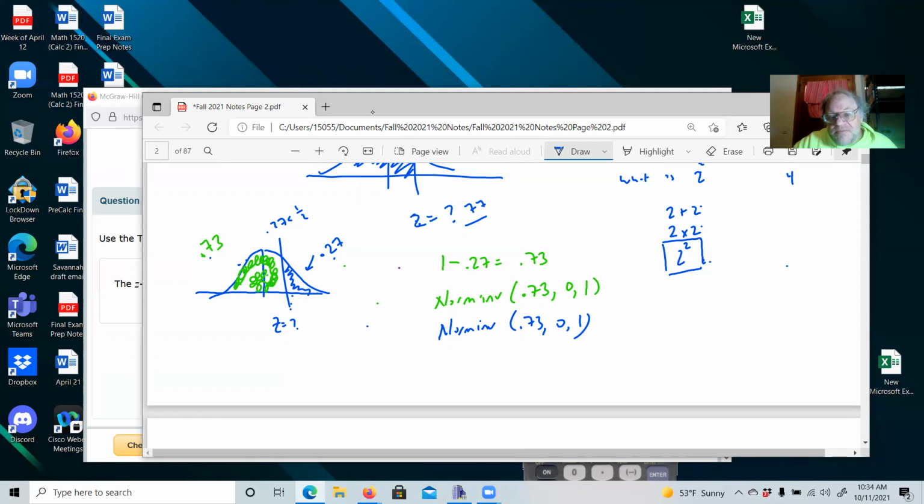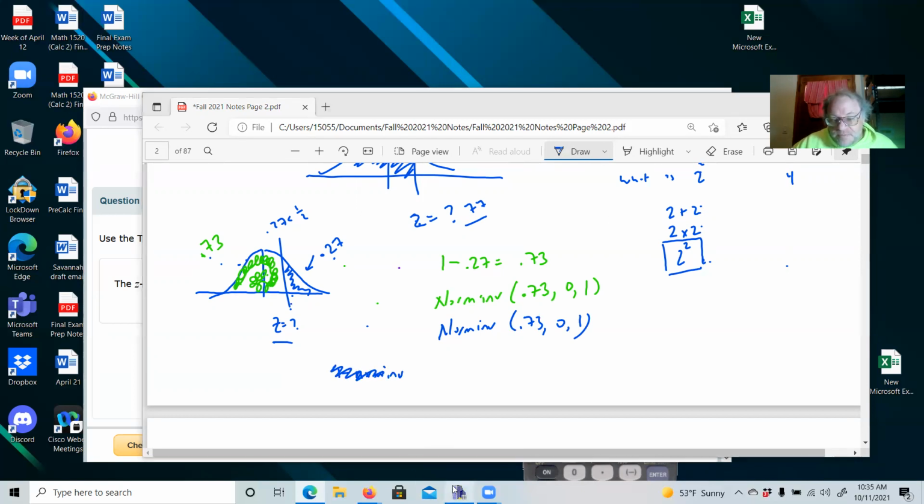We are not finding a probability. So the 1 minus trick ain't going to work because that works for probabilities. Z-scores are not probabilities. So you can't just do that little trick of 1 minus. We can do it with probabilities, which is how I did this. But if I say 1 minus norm inverse, we are not going to get the right answer.